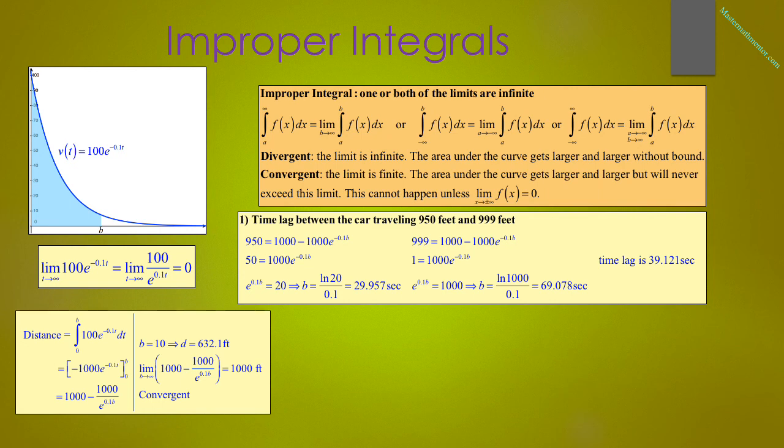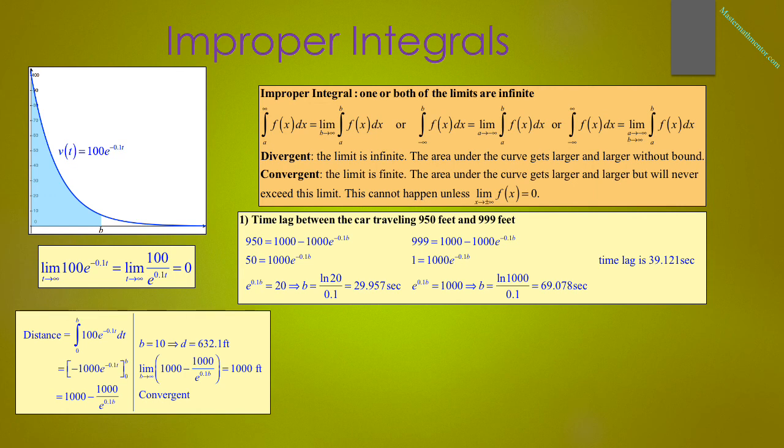We end up getting 50 equals 1,000 e to the negative 0.1b, and e to the 0.1b is equal to 20. Taking the natural log of both sides, we end up getting b is the natural log of 20 over 0.1, which is 29.957 seconds. So it takes almost 30 seconds for the car to travel 950 feet.